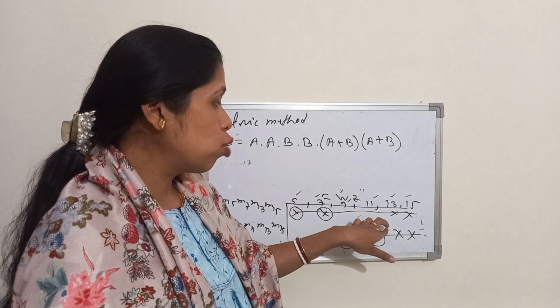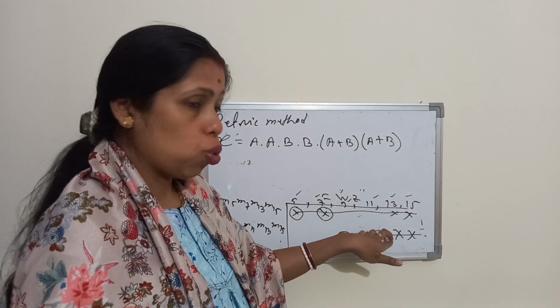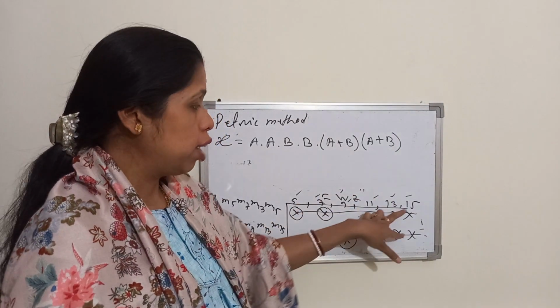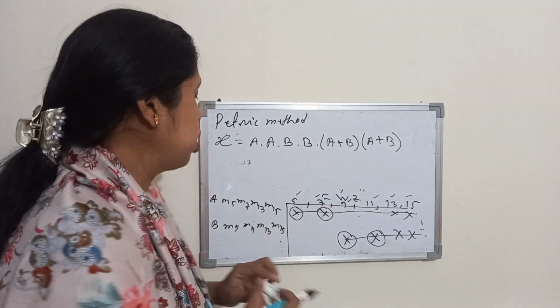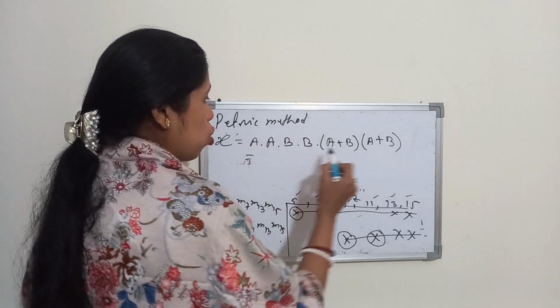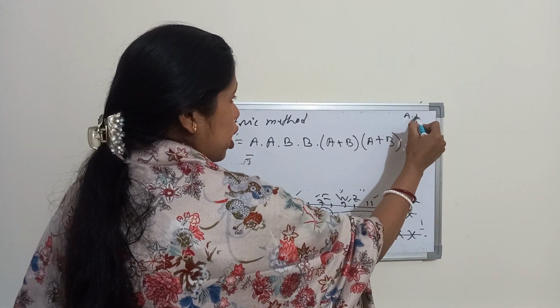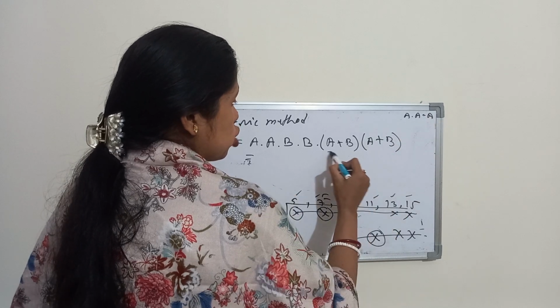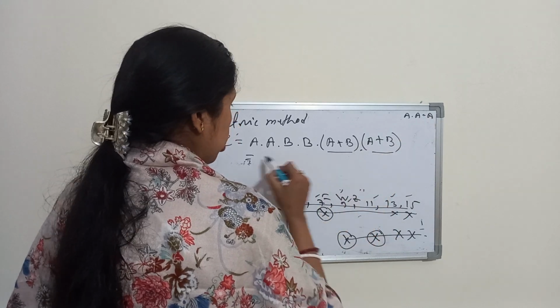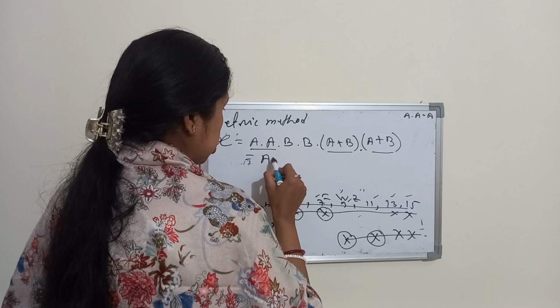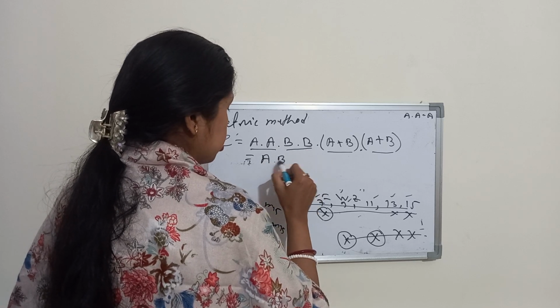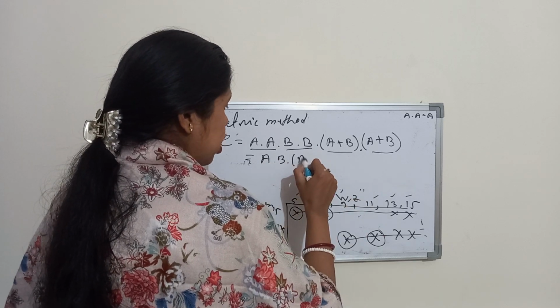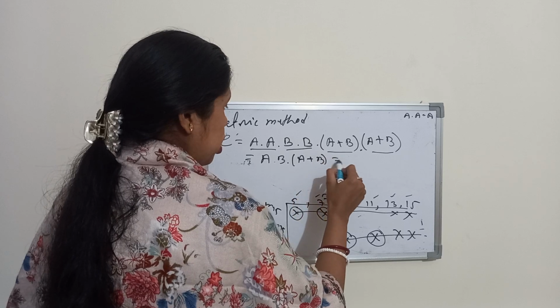I am adding 2 rows, so A plus B. Here also I am adding 2 rows, A plus B. Now I have to minimize the expression. You know A dot A is equal to A, right? So same term dot same term, you will get the same term. From here also you will get the same term, from here also, from here also.